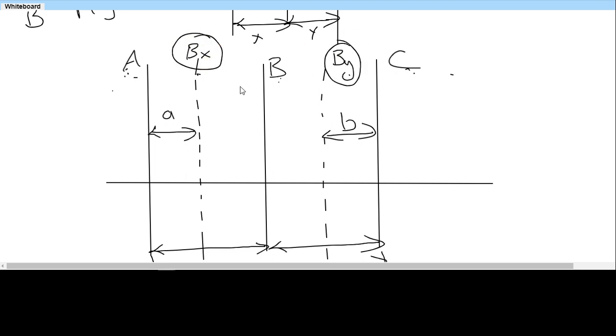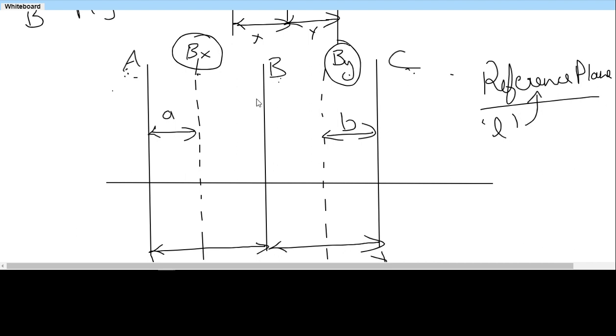In either way, we have to fix what is called a reference plane. That is the plane from which we take the distance from each of the planes of rotation. That is, the distance L is taken from the reference plane.